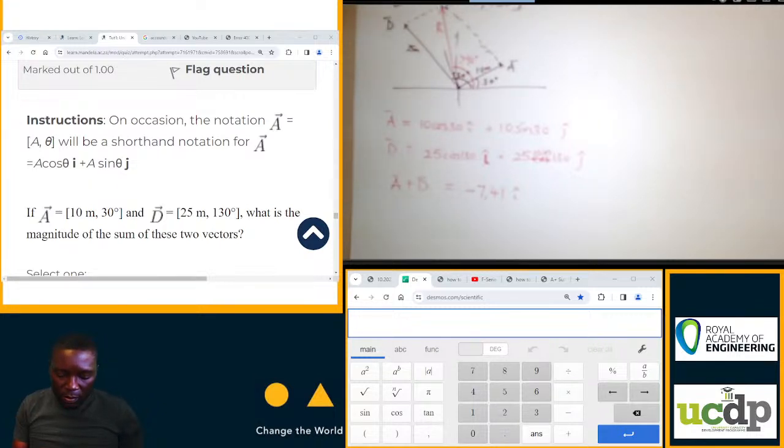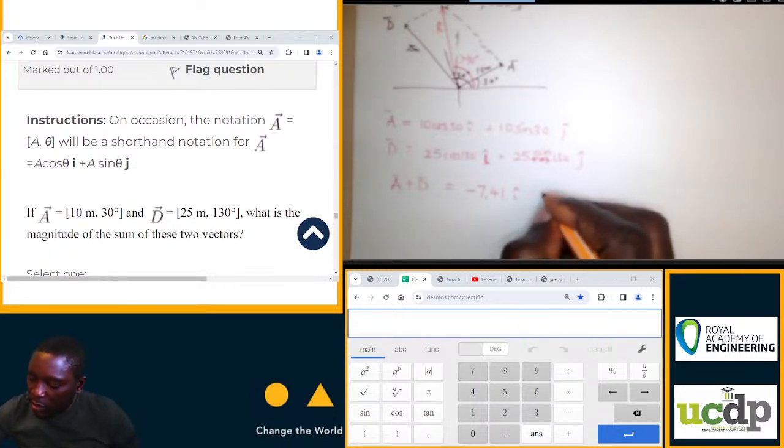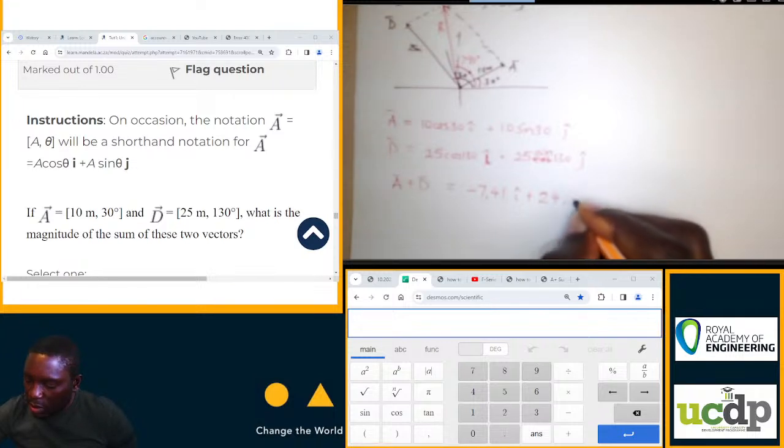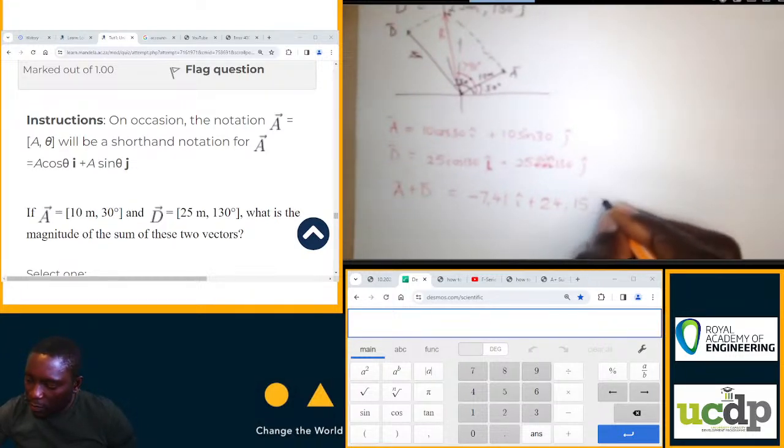So we add 10 sin 30 plus 25 sin 130. This gives us plus 24.15j.